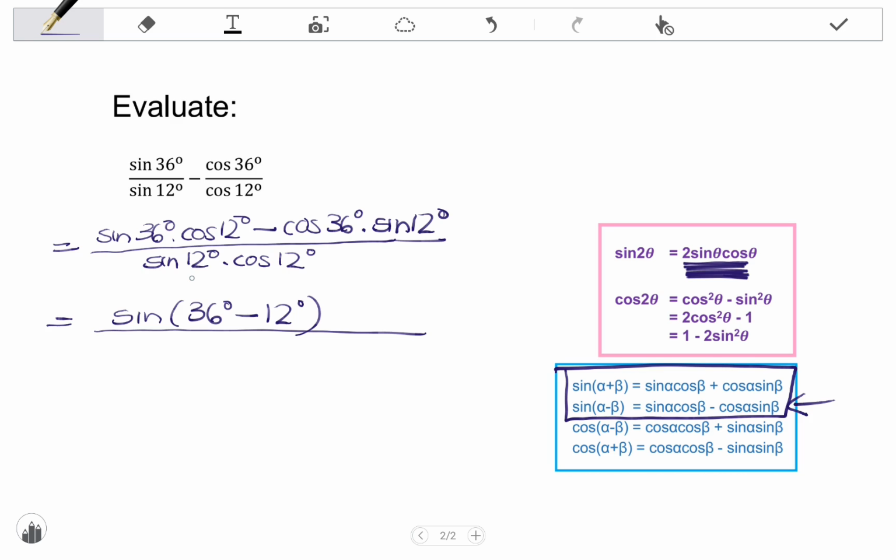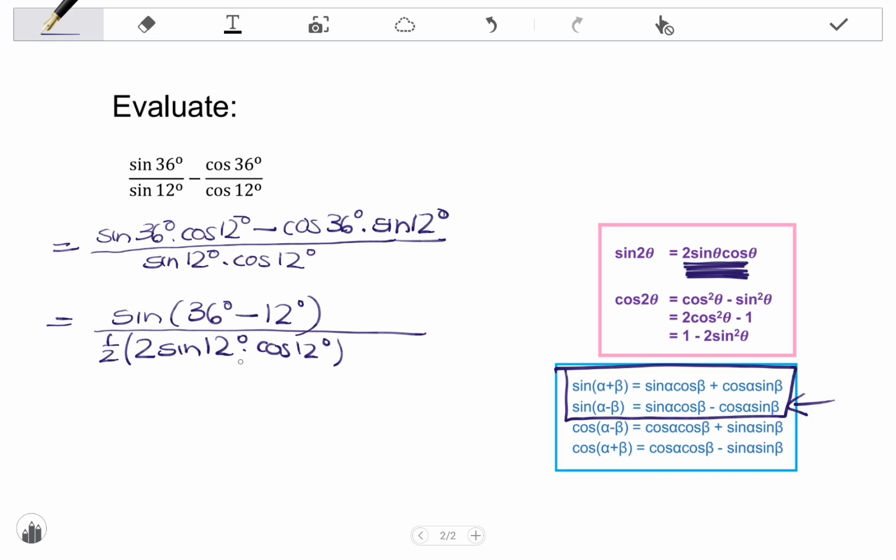Looking at the denominator, I've already mentioned that this looks like the sine double angle, but it's missing a coefficient of 2. But if I just write that in, it changes the value. So in order to avoid changing the value, I multiply by a half, because a half times 2 is 1. So I'm not changing its value.